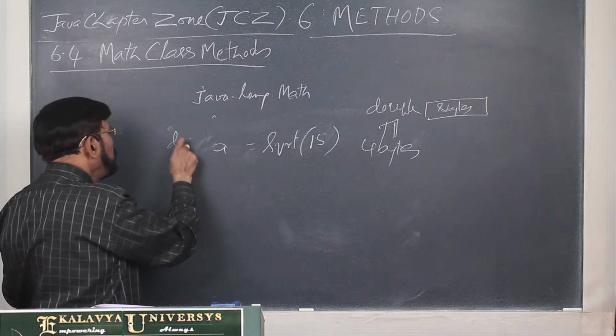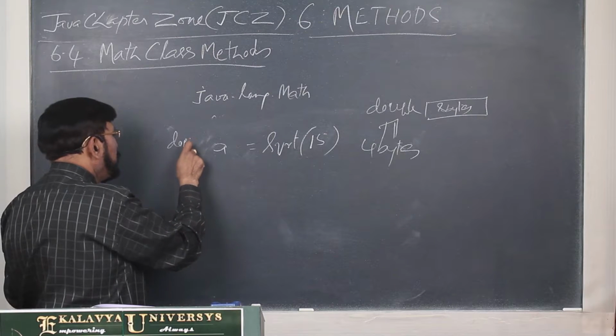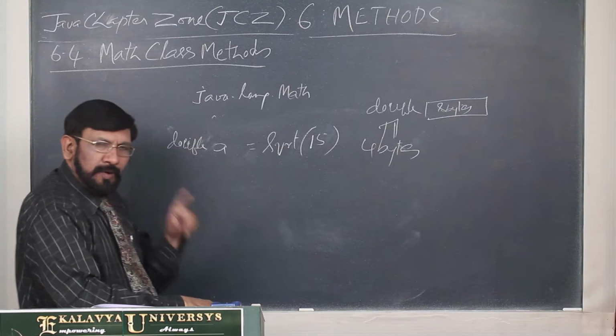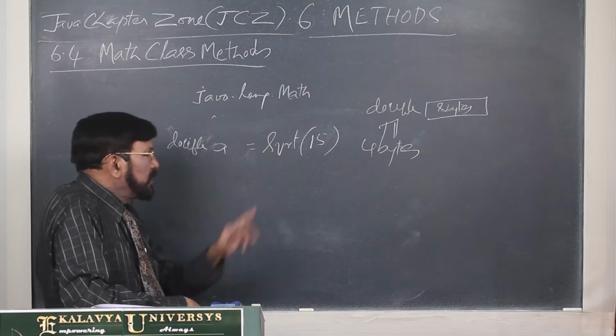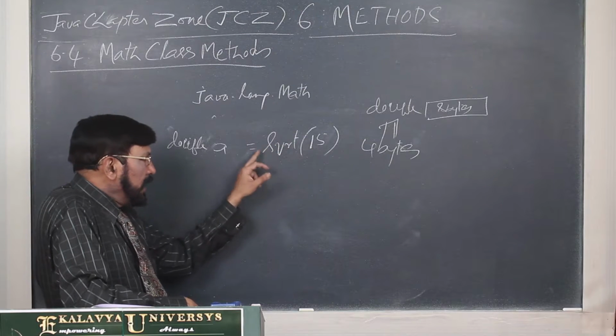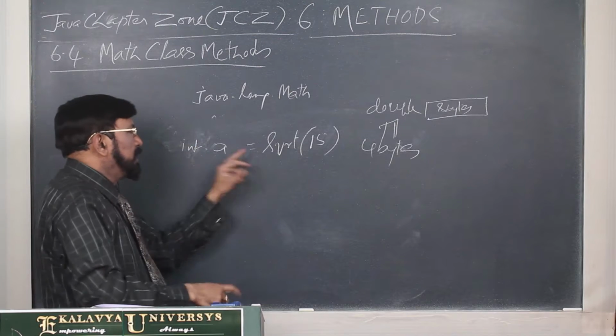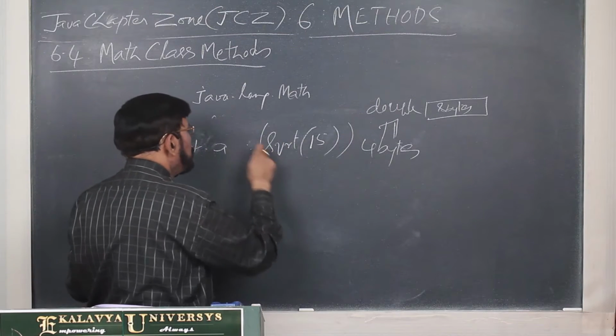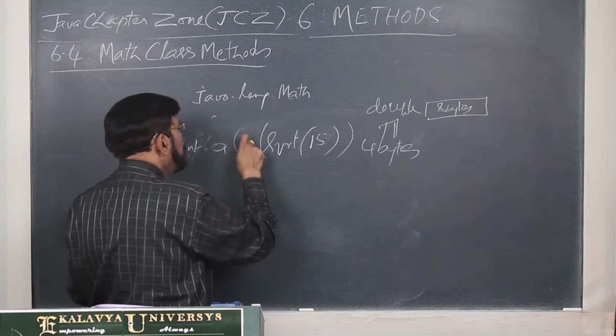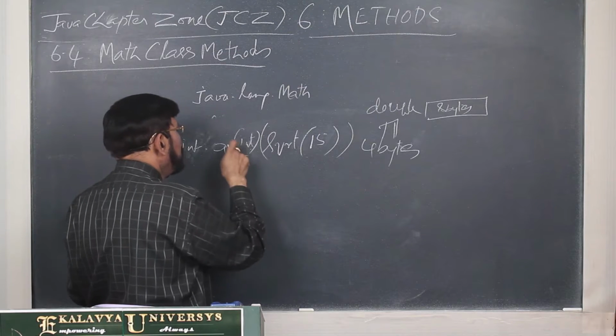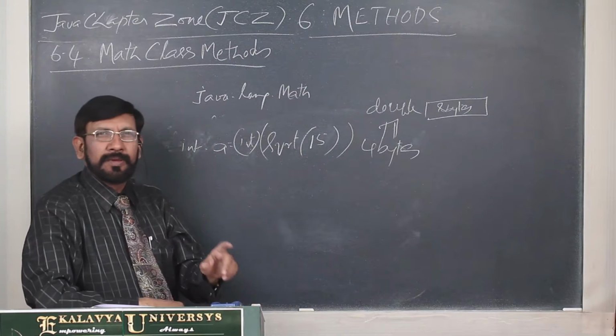Then what do you have to do? Store it in a double type variable only, or otherwise, if you want to store it in an int, you have to typecast this value as int, then it is okay.